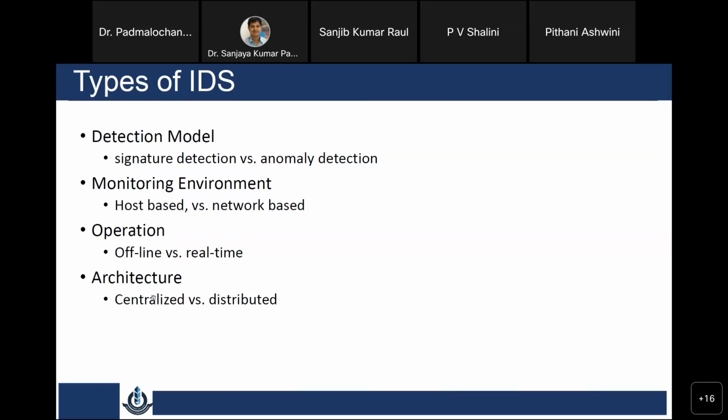Architecture wise, it can be centralized. Your analyzer may run at a centralized location, a centralized system, or it can be distributed, because if you make it centralized, then the computing overhead would be extensive. So rather you can distribute the analysis work to different components of the network. For example, if you have an institute network, say there are various LANs. In each LAN, there can be an agent which will be looking after the intrusion detection activities in that local area network.